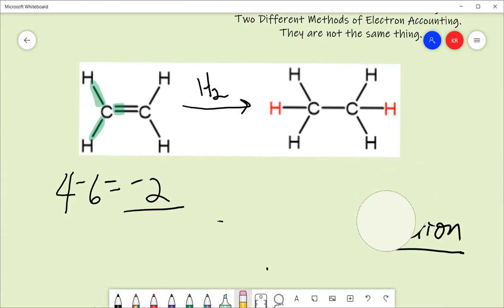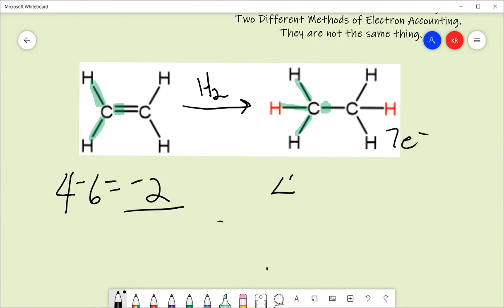Let me erase this so I can give myself a little bit more room here. So let's assign electrons in ethane. I'm going to assign 2, 4, 6, and one of those, 7. So I'll just keep a note of that, 7 electrons. So when I calculate my oxidation state for the carbon, I start with my group number.